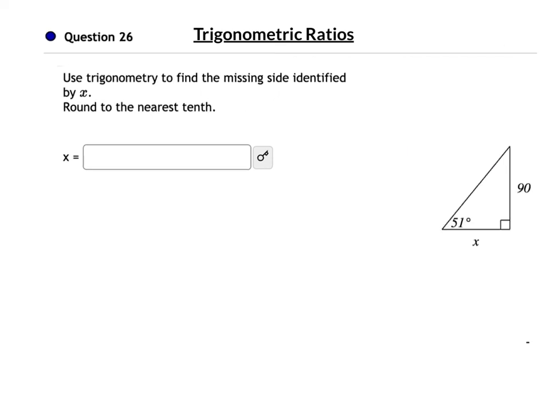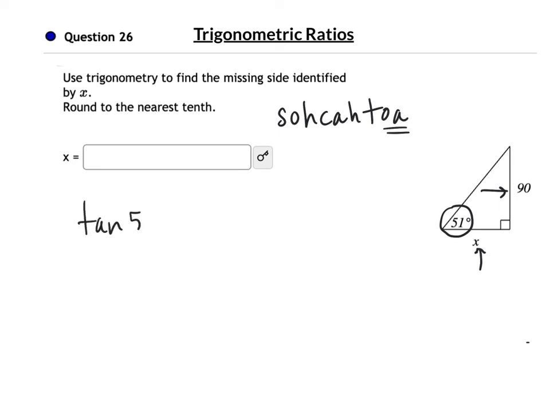Number 18, let's find x here. Our point of reference is the 51. X is the adjacent. 90 is the opposite. Opposite and adjacent is tangent. The tangent of 51 is equal to 90 over x.